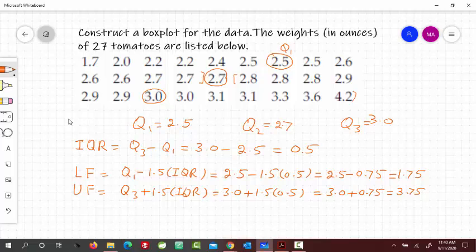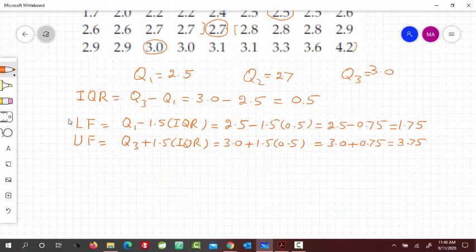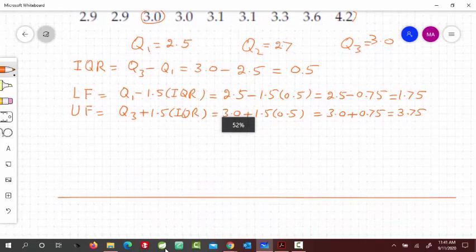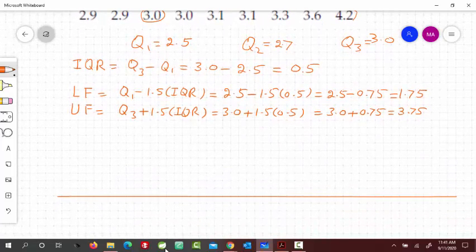Next we have to construct this box plot using this information. We draw a number line. This is a number line, and somewhere here we have Q2, which is 2.7.